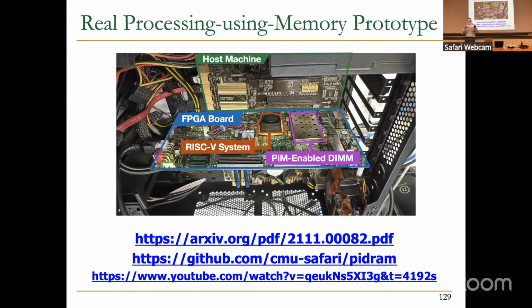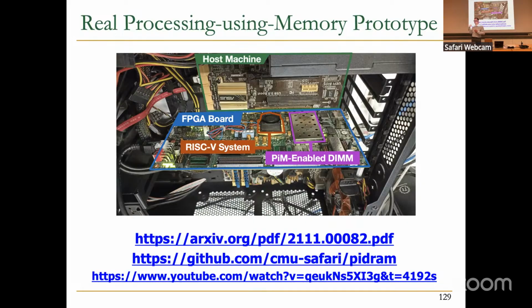But when the program does a mem copy from page to page, this mem copy operation gets shipped from the RISC-V processor to the memory controller, and the memory controller violates the timing parameters, does the copy internally inside the subarray. DRAM does it basically using charge sharing principles, and returns an acknowledgement signal when the copy is done to the processor. And you can actually see this happening in real hardware, which is fascinating.